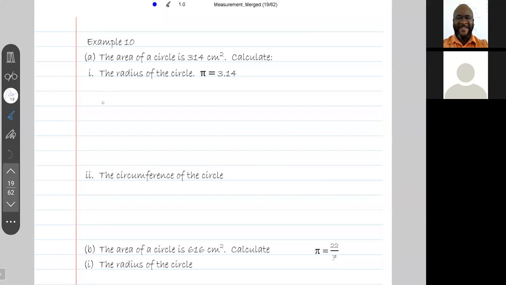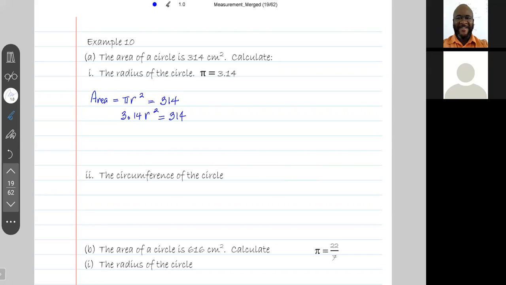So the area of a circle is pi r square, and this is equal to 314. So I write the formula, and I'm going to put in what I know. Pi is 3.14 times the radius square is equal to 314.